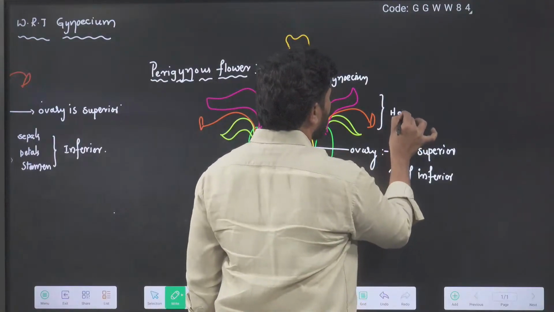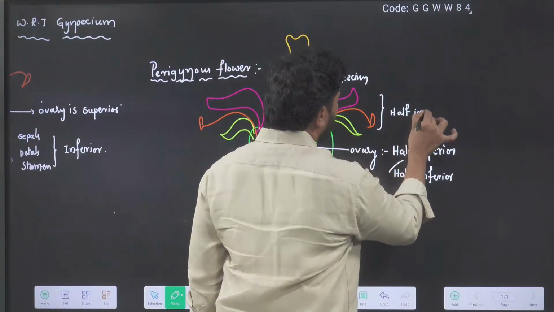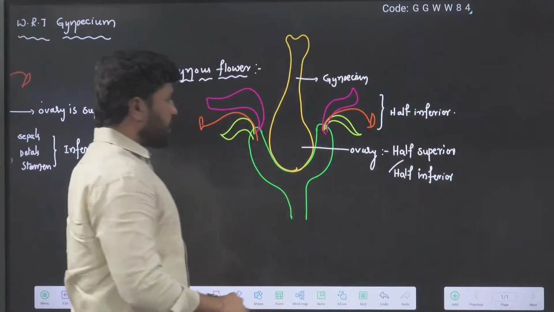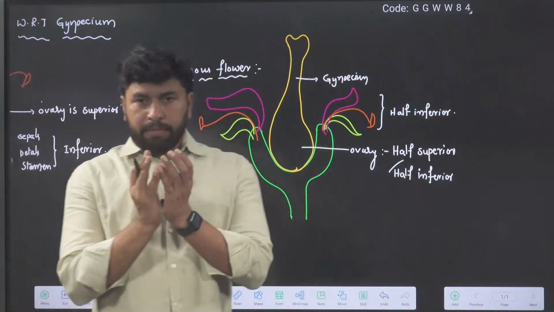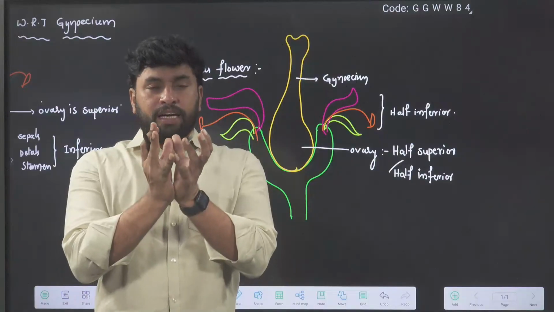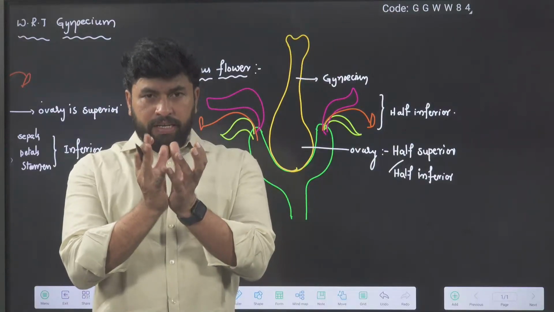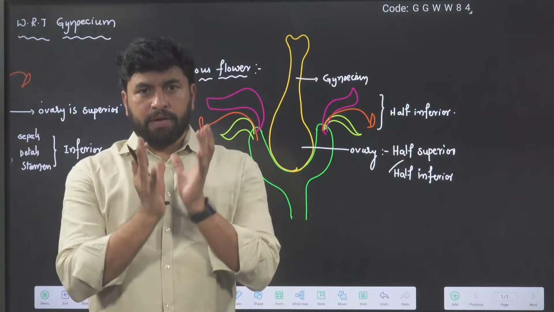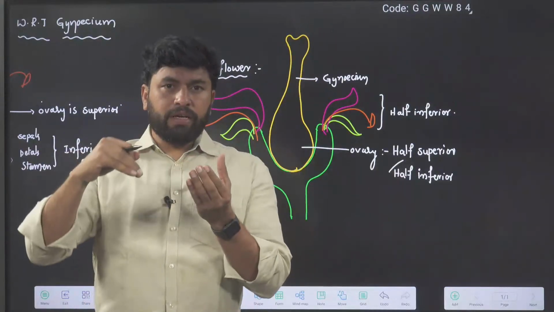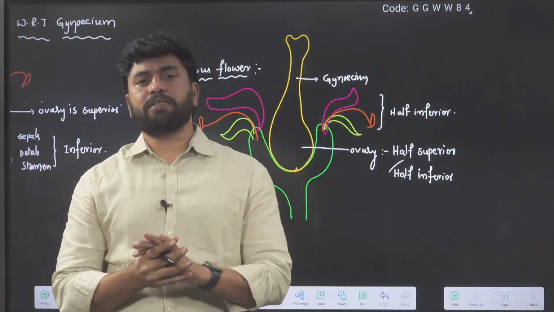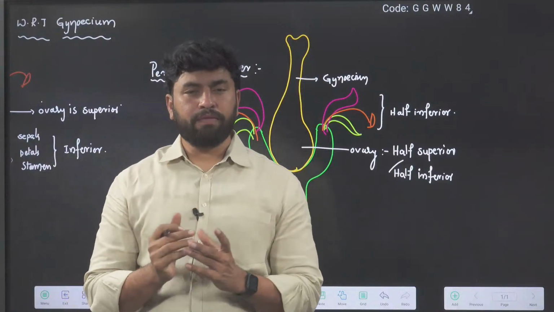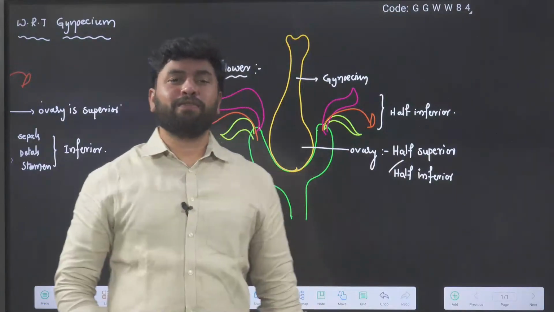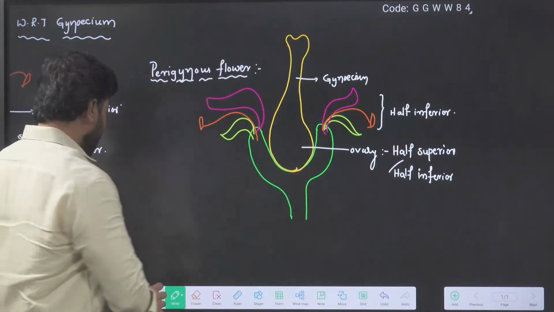They are half inferior. Is it okay? Like this. If the thalamus developed as a cup-like structure and inside the cup the ovary has been occupied, and around the ovary, on the rim of the thalamus, there is development of floral organs at the same height as the ovary, such a flower is called a perigynous flower.